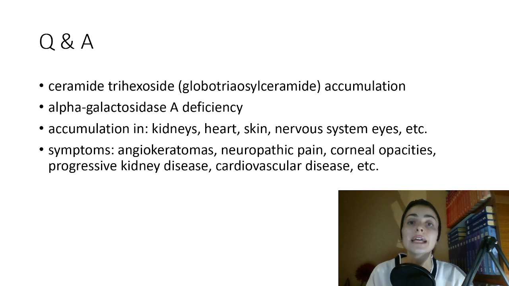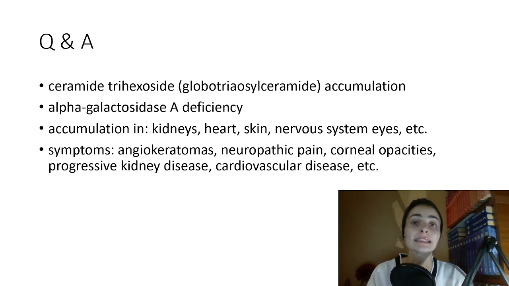But where does it accumulate? It accumulates in different organs. That's why these people experience different types of symptoms. This substance accumulates in kidneys, which results in progressive kidney damage and eventually kidney failure. It accumulates in the heart, which can result in cardiac abnormality.